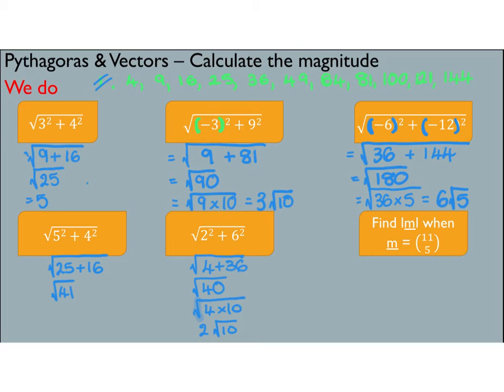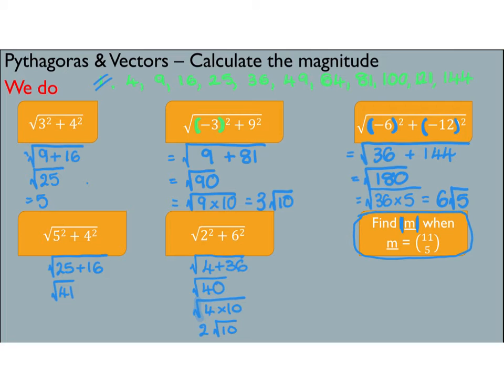Okay, so this last one here, this is us on to one where we're thinking about what the magnitude would be. I know that I'm working out the magnitude here because we've got these square brackets down the side there.